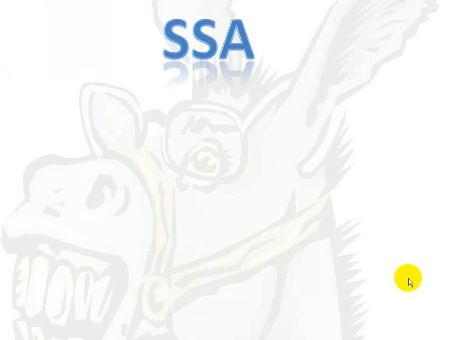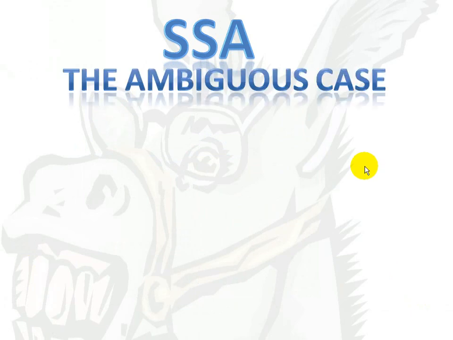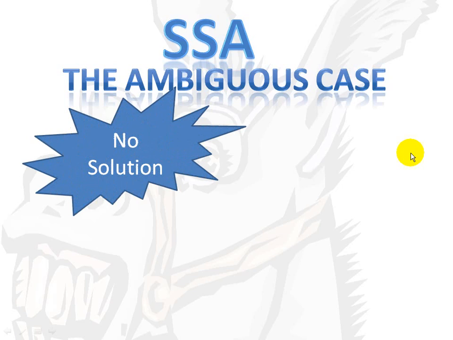Now, we want to look at this third situation here, the side-side-angle. And this is known as the ambiguous case. The ambiguous case can be a little tricky because it's possible that the given information does not correspond to a particular triangle.